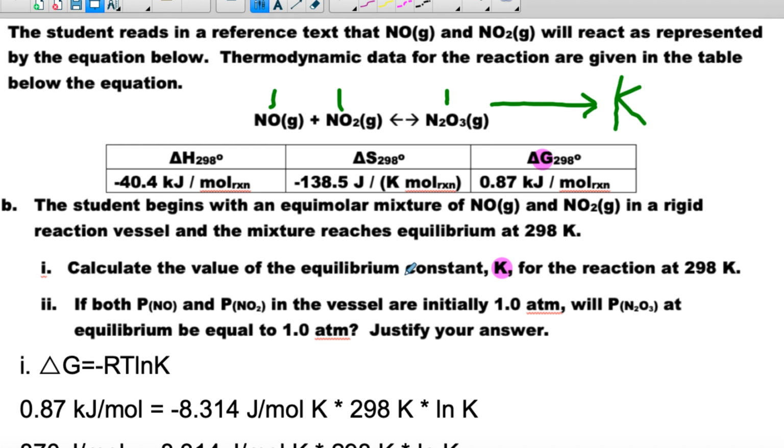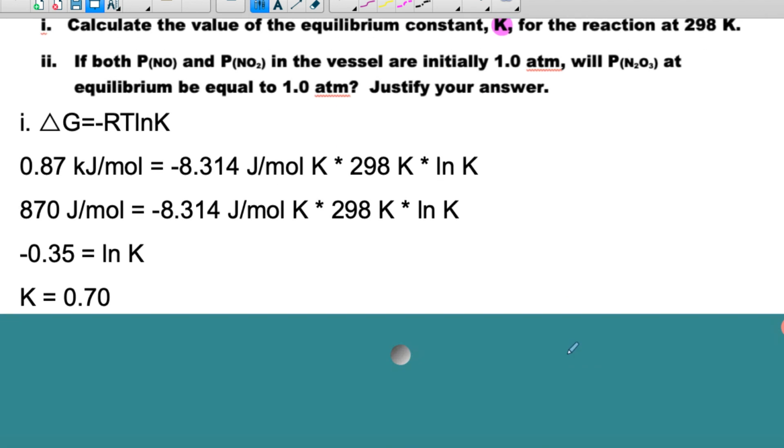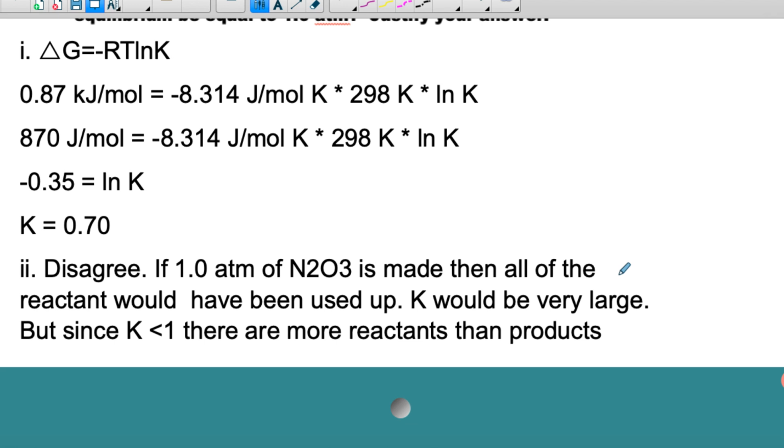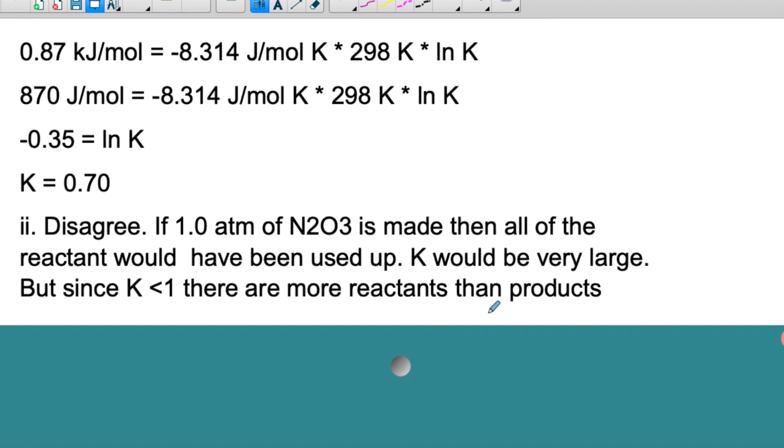So let's see how they actually went about solving this problem. When they say, is it possible or not, you can say disagree. If 1 atmosphere of it is made, then all the reactant would have had to been used up. K would have to be very large. But since K is less than 1, there should be more reactants than products. That is a perfectly acceptable way to explain this.